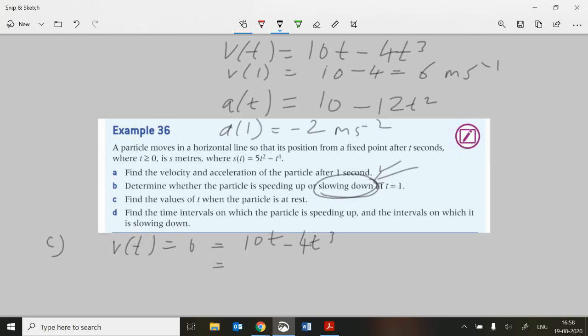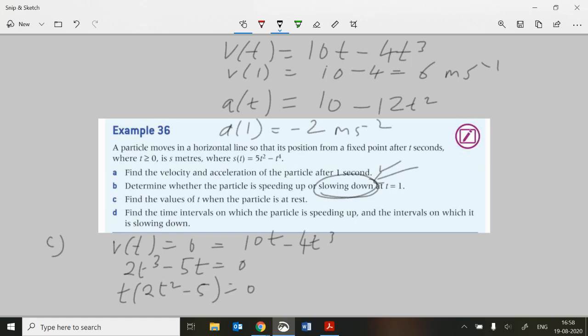We can take the 4t cubed to the other side and divide by 2, giving 2t cubed minus 5t. Now we factorize out the t, and we're left inside with 2t squared minus 5 equals 0.